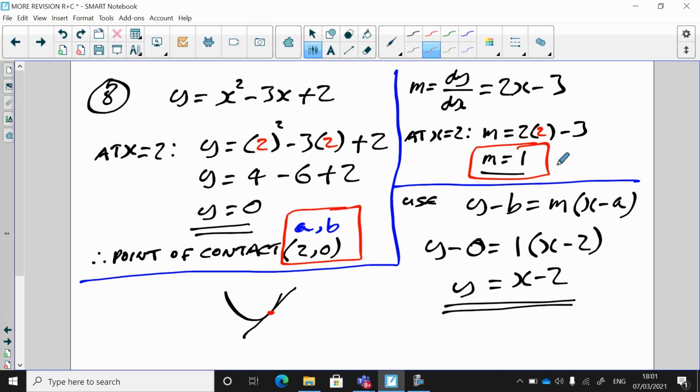We don't need a picture, but basically that's what we've done there. So that's our answer, and we're fine with that there, I hope. But pictures are good. You can use them to help you, actually. So question 8, let's move on to number 9.